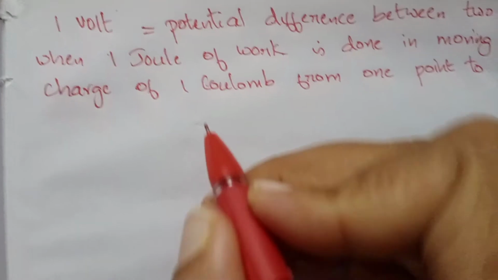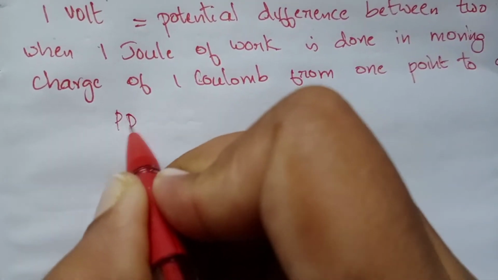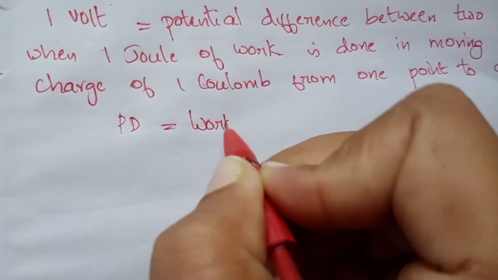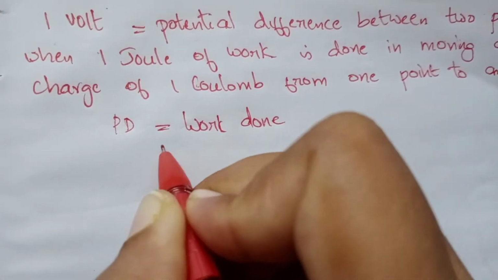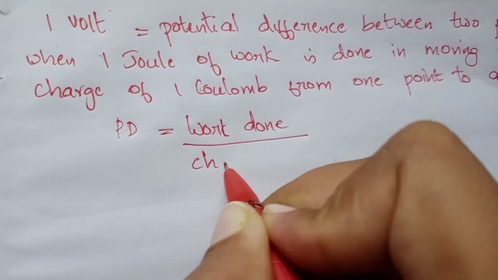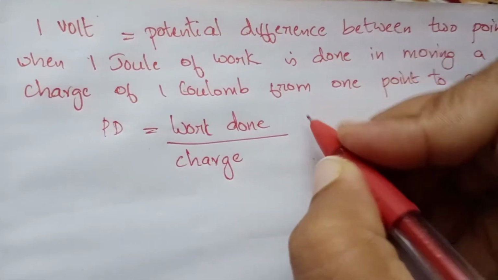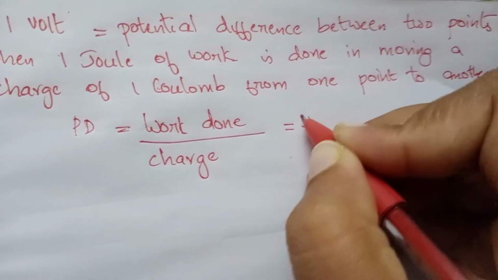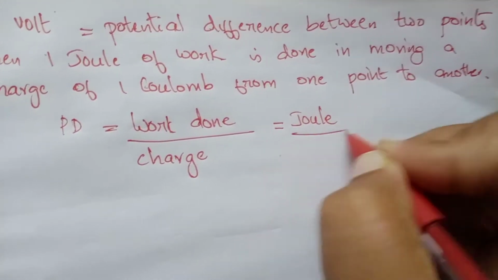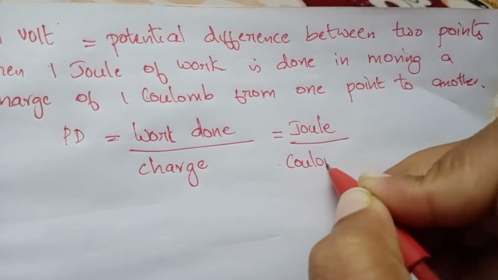Now how can we define this 1 volt? That is a question. We know that the potential difference is the work done divided by the charge, and the SI unit of work done is joule and SI unit of charge is coulomb, right?